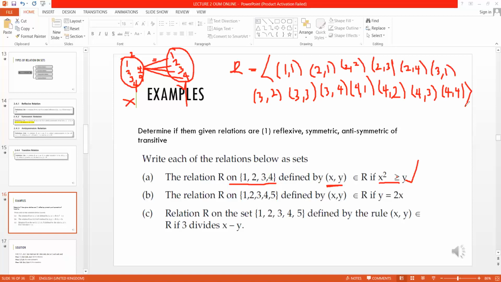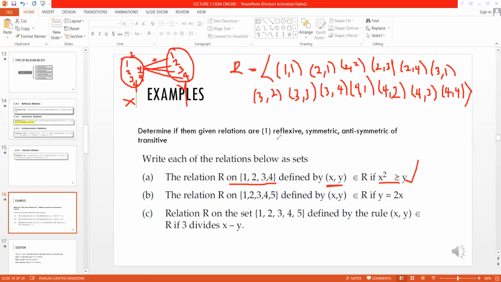Okay. So these are the pairings in R. Very well. So you've been asked to determine if the relation is reflexive, symmetric, anti-symmetric, or transitive. Good.